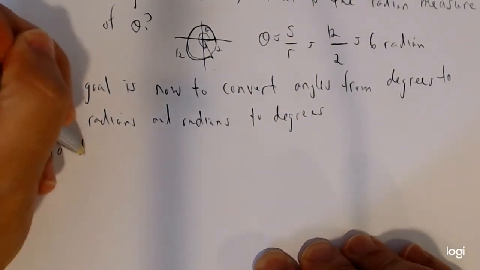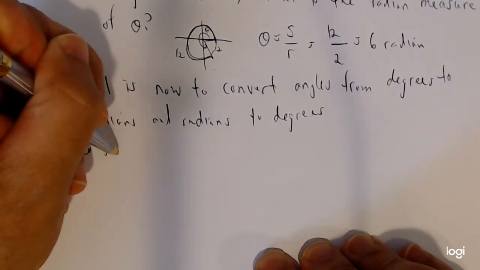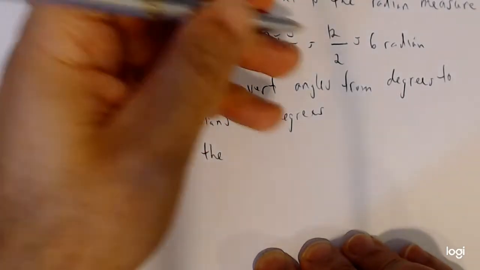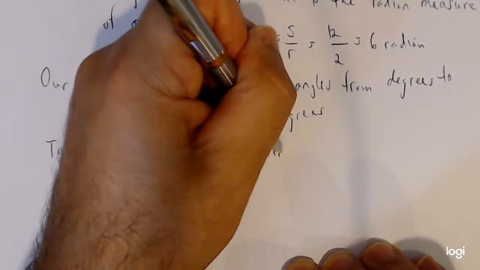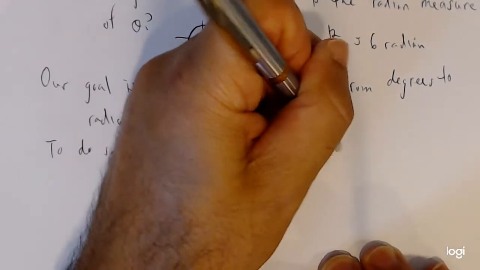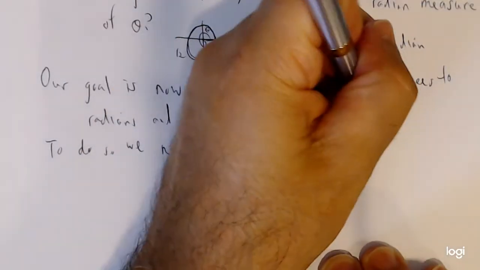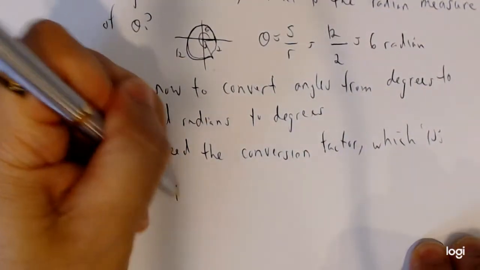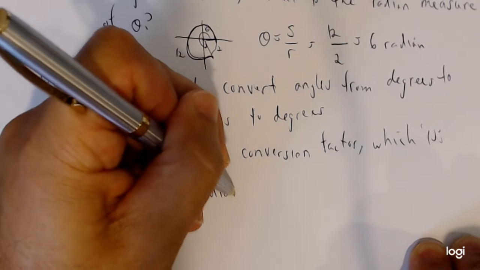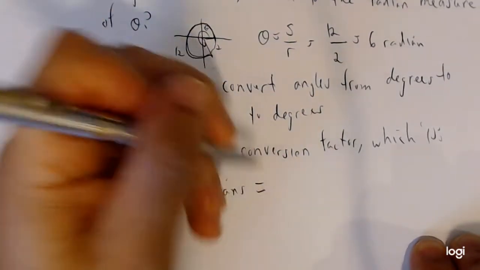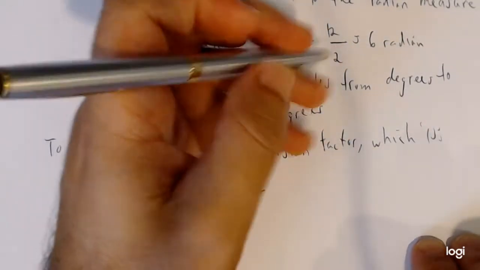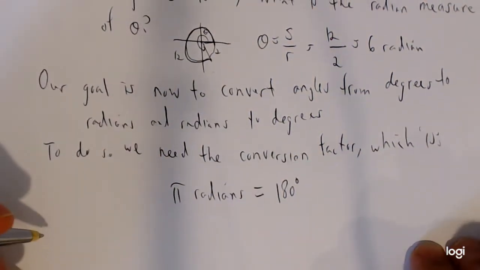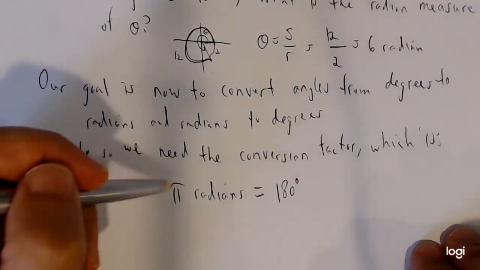To do so, we need the conversion factor, which is pi radians is equal to 180 degrees.